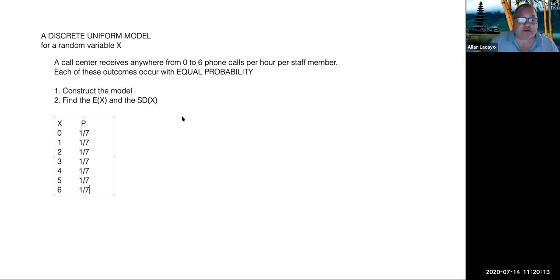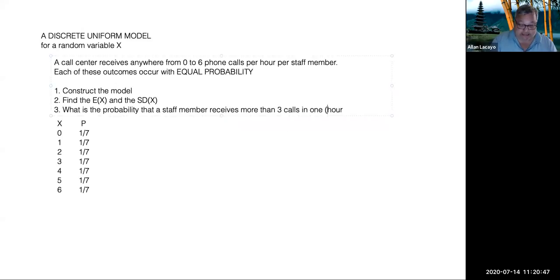So if you had a problem such as, what is the probability that a staff member receives more than 3 calls in 1 hour, and usually you would say 1 randomly selected hour.